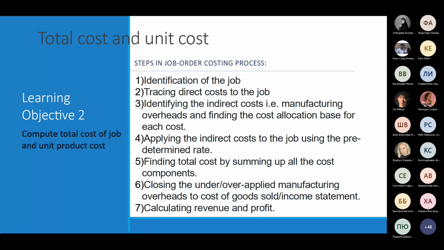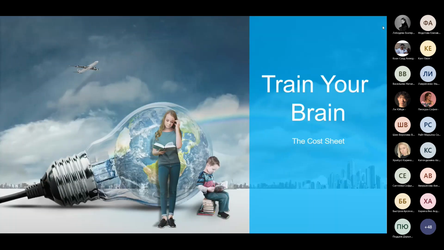When we bring in order our under and over applied manufacturing overheads, we calculate revenue and profit. So these 7 basic steps are needed to perform if you want to apply this system.